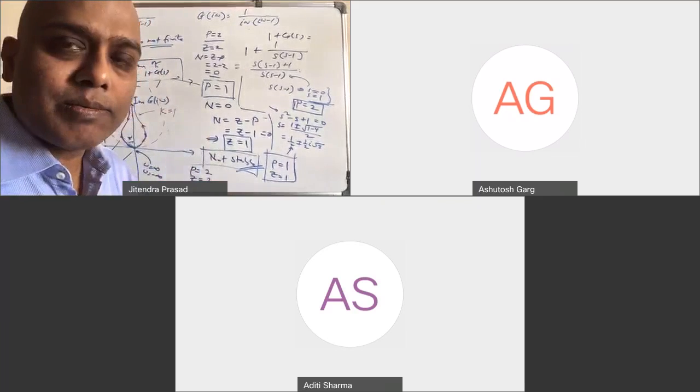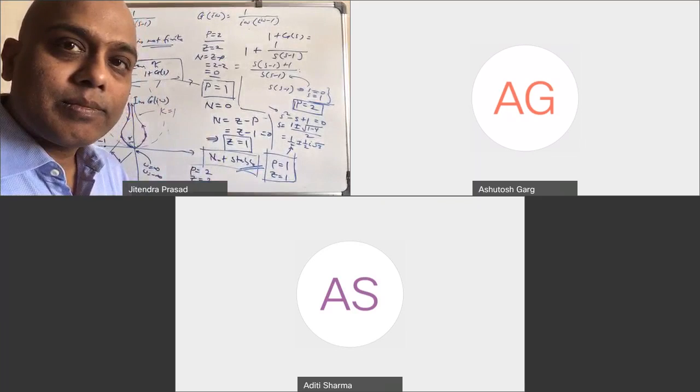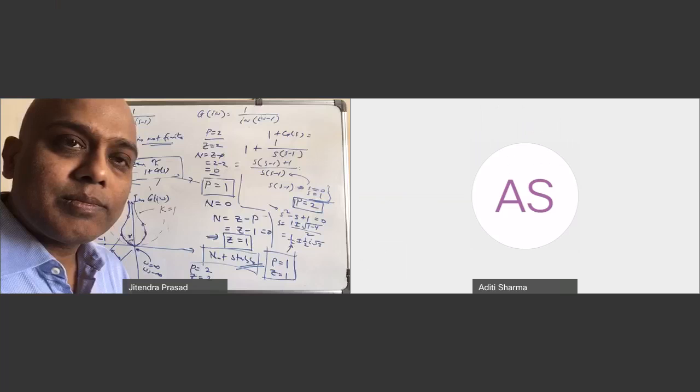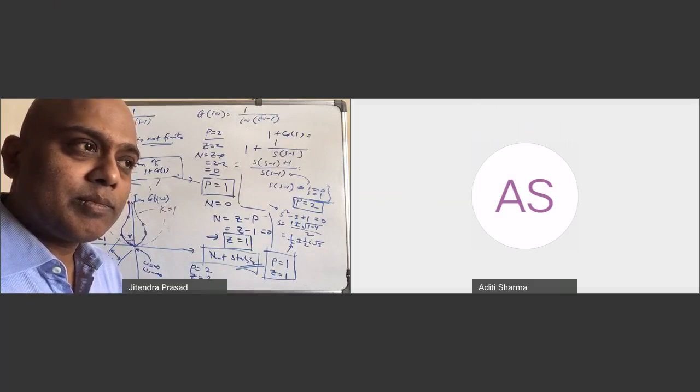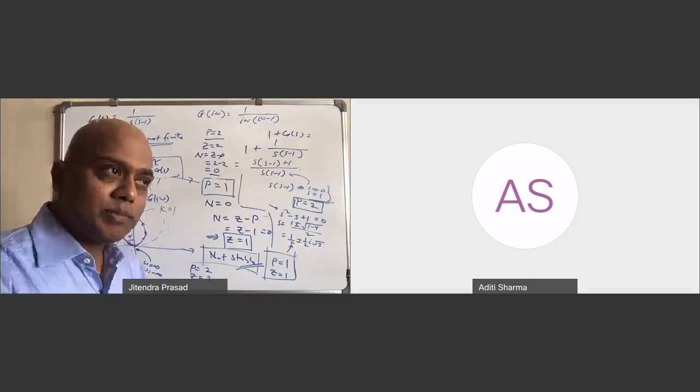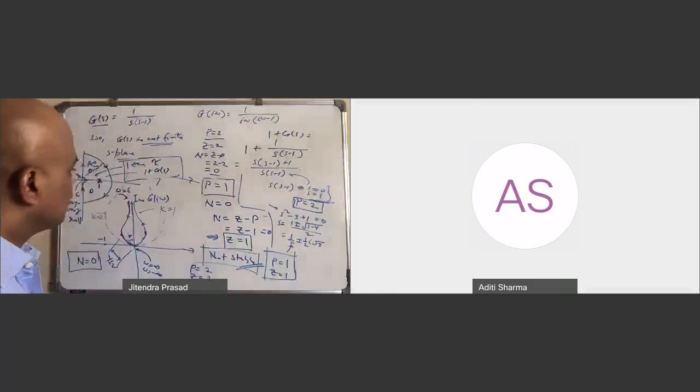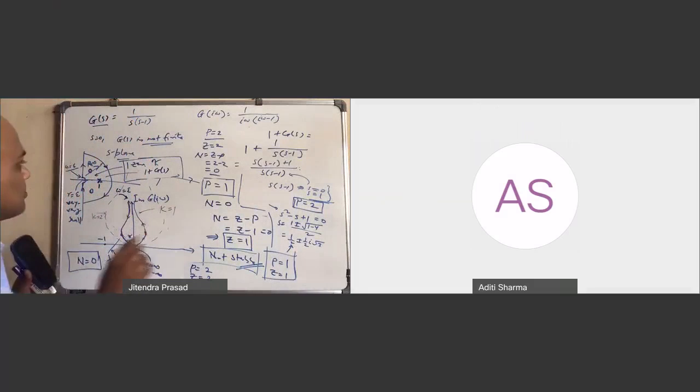But it may be the case that sometimes we are having a pole inside and Z also comes 0. Then there is a possibility that there was one zero in the closed loop characteristic equation. Then it would go wrong.